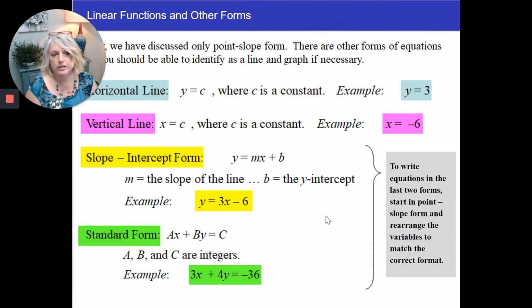And to write the equations in the last two forms, depending on what you have, if you don't have the slope and the y-intercept, but you have a slope and a point, just write the equation in point-slope form and then just solve for y. Standard form, same thing. You can do point-slope form and then just rearrange as we go.